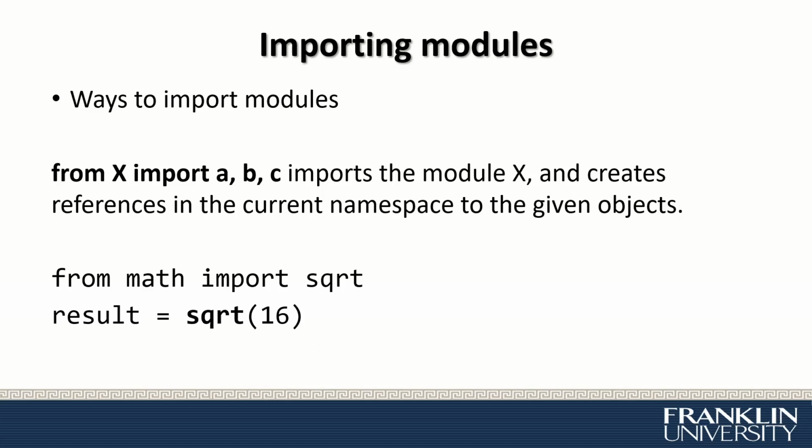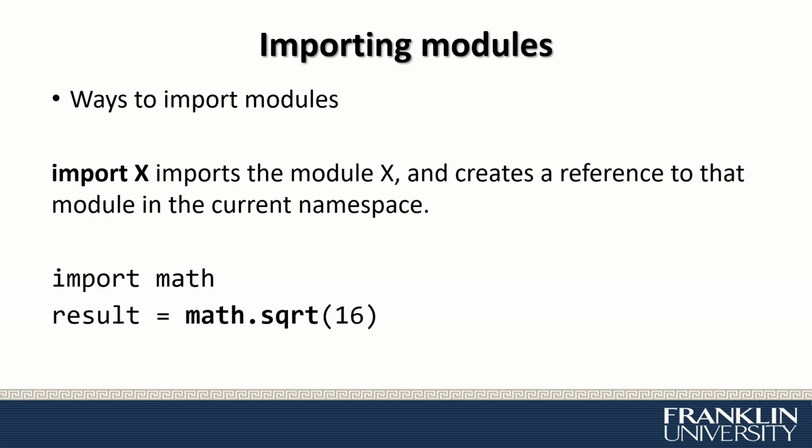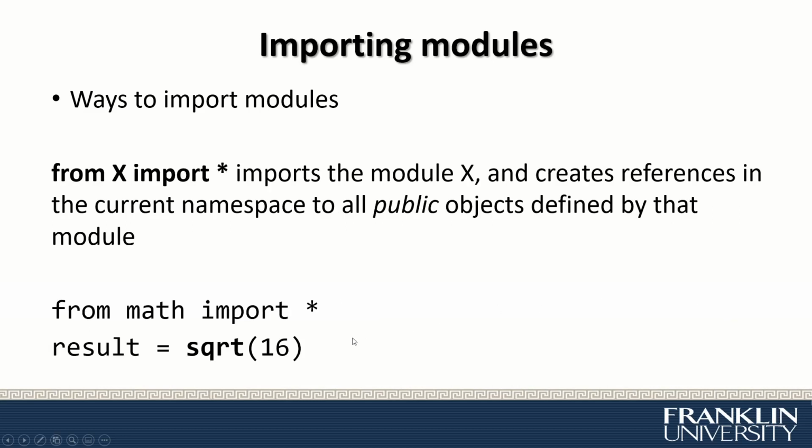So what is the difference between these? One thing I want to mention: using import math is much better. The reason is, as you can see with the other two ways of importing, the math dot namespace is gone. What that means is, this sqrt becomes a public object in your current file. You will not be able to define a function called sqrt. That will be in conflict with this one.